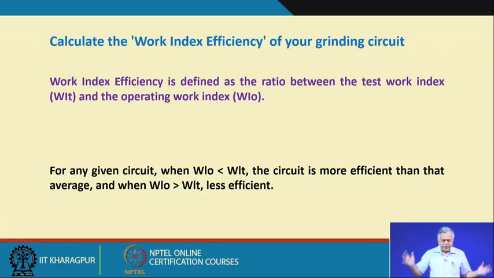Now, you have got a different circuit, a different feeding arrangement, different types of breakage mechanisms, which we have briefly discussed in the previous lectures. Now, what is the operating work index? If the operating work index is less than the test work index, that means your process is very efficient, and if it is vice versa, it is less efficient.